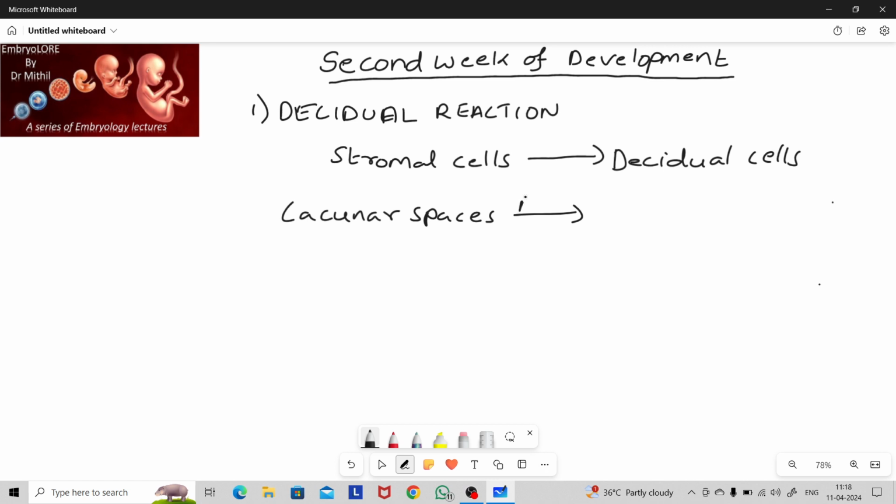Lacunar spaces appear in the trophoblast, and they form the large lacunar spaces.